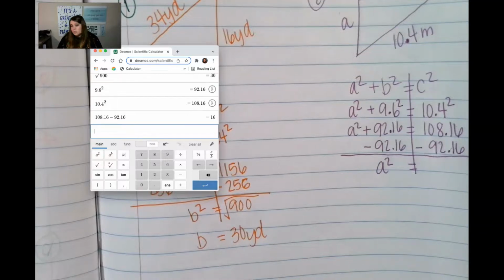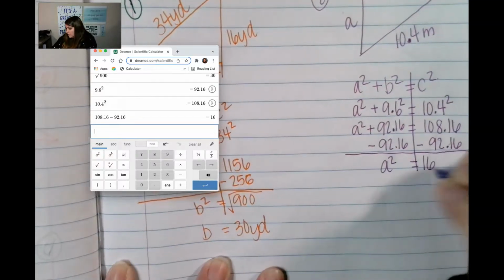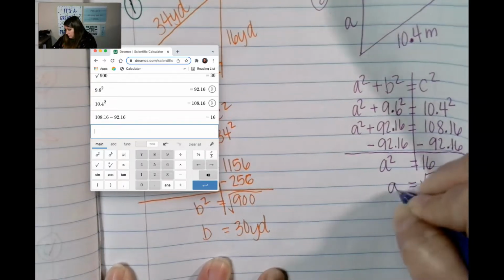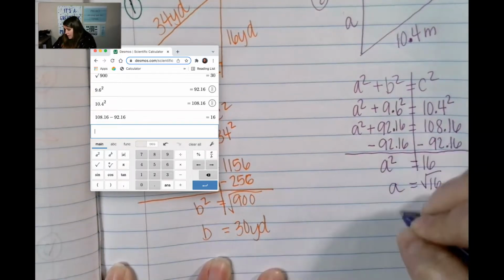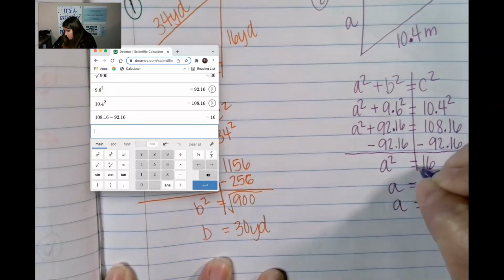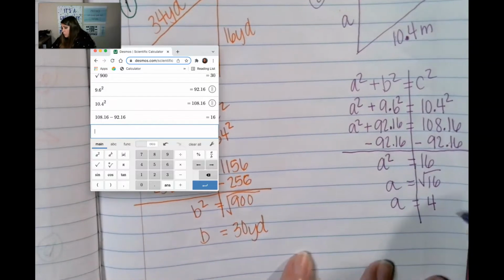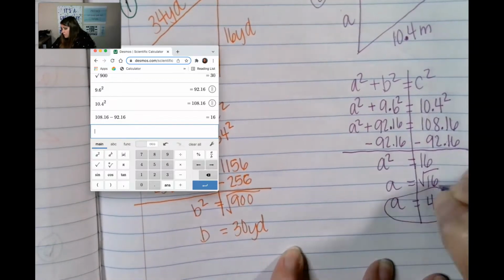That gives us 16. So now we want to find the square root of 16 to get A, and 4 times 4 is 16, so A equals 4 meters.